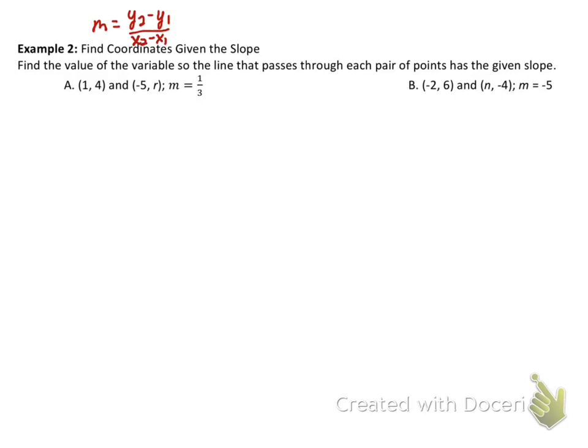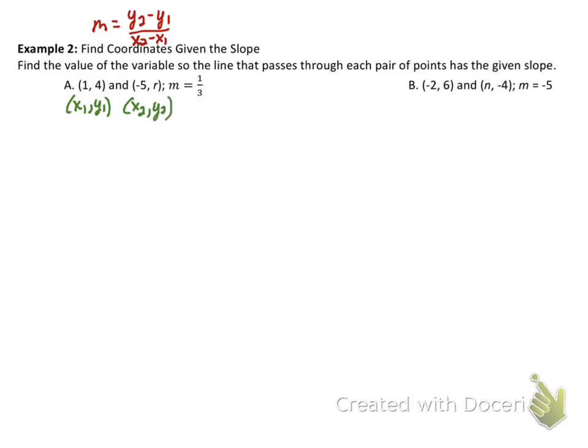So I'm just going to use my slope formula. That's why I stated it at the very top of this slide, and plug in what I know and solve for what I don't know. So I'm going to label these coordinates x1, y1, and x2, y2.